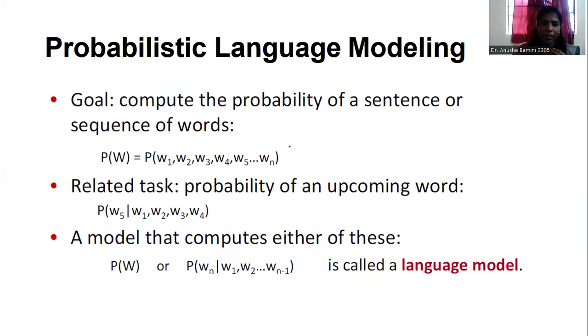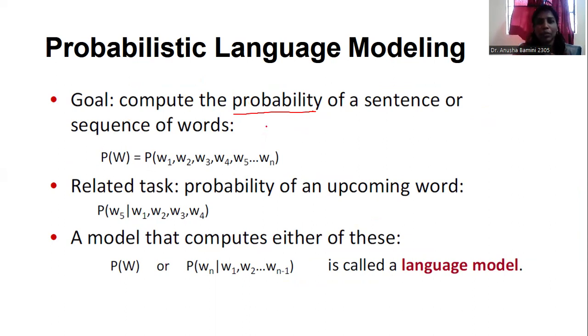Now we are going to put this concept into a mathematical, equation form. So what is our goal? Compute the probability. That is important. In the problem also, we are calculating the probability of a sentence or sequence of words.